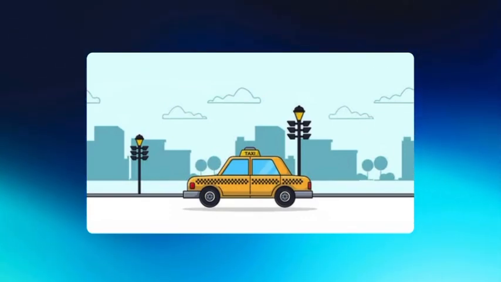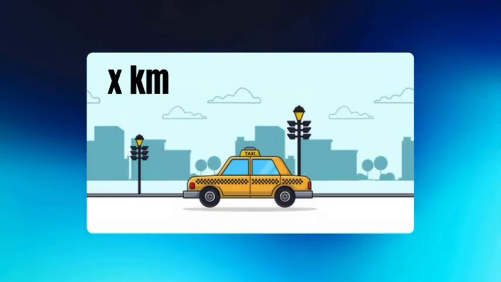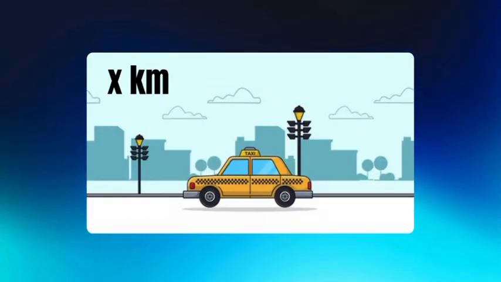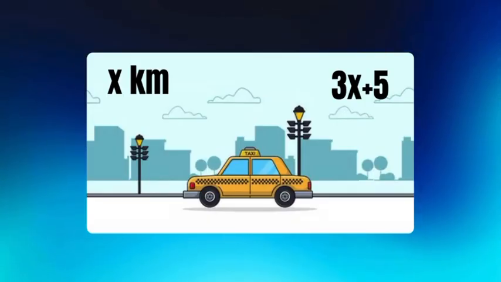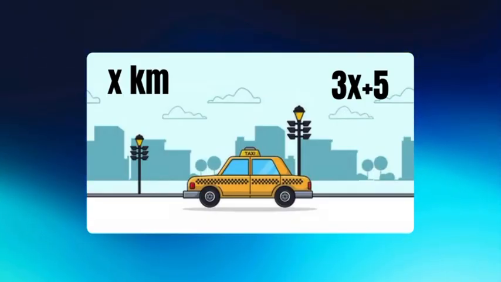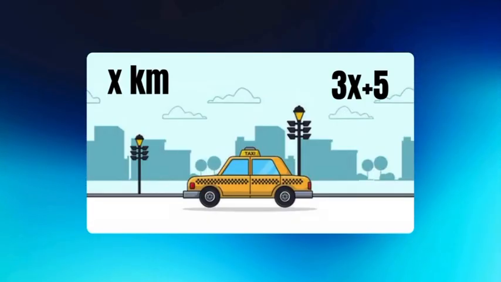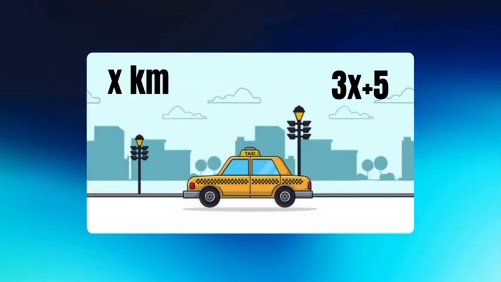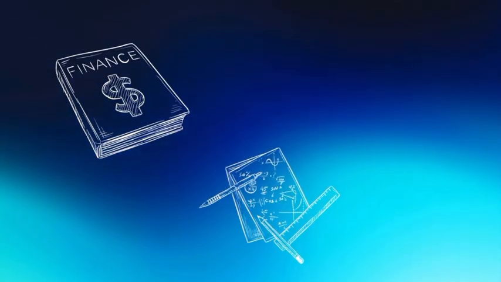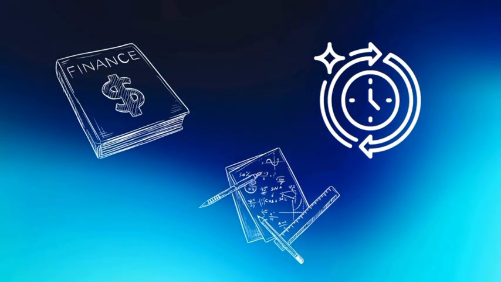So if you travel x kilometers, your total cost is f(x) = 3x + 5. Whether you go 5 kilometers or 50 kilometers, the relationship stays consistent. This predictability is why linear functions are so important in finance, physics, and even simply daily planning.